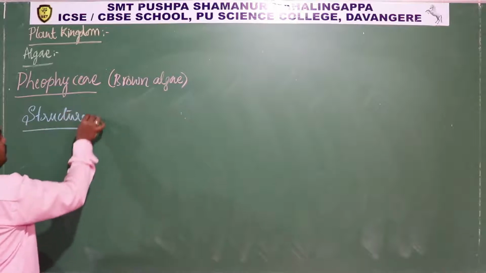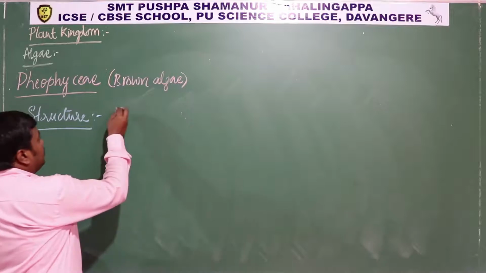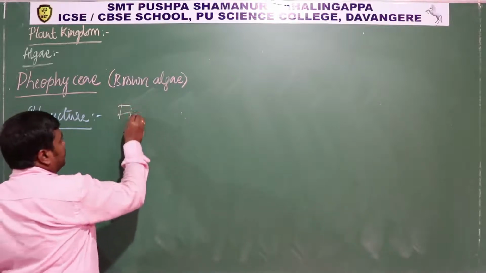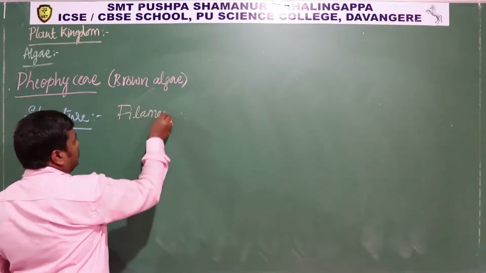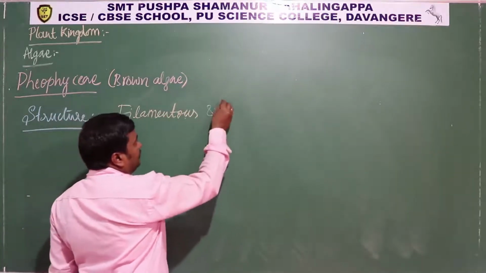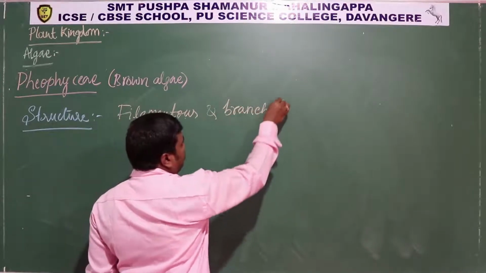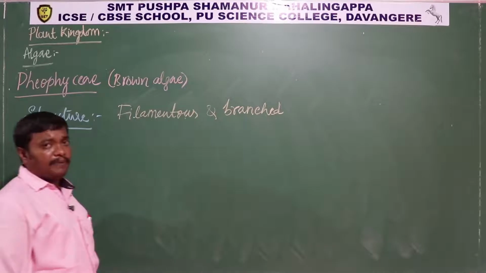So the structure is filamentous and branched. Filamentous and less branched, rather.